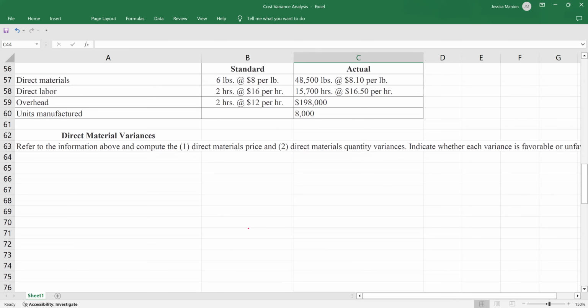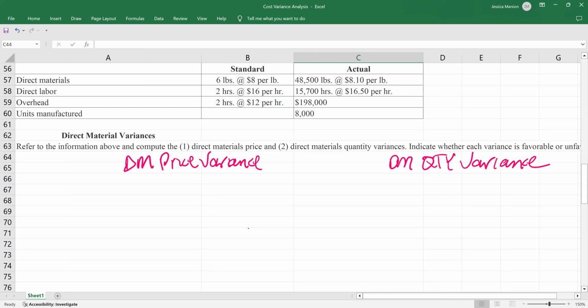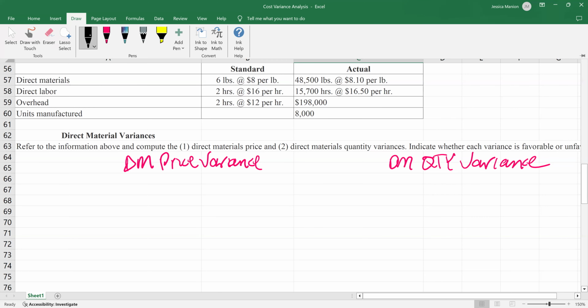So now using that information, we're going to calculate our direct material variances, right? So remember that we can break down these variances into a price variance, so direct material price variance, or we can break it down into a direct material quantity variance. Okay. Now let me plug in the formula here, and then we'll put some numbers with it.